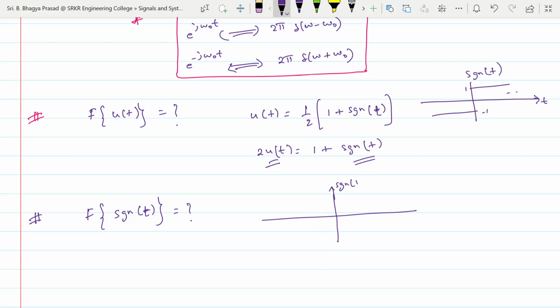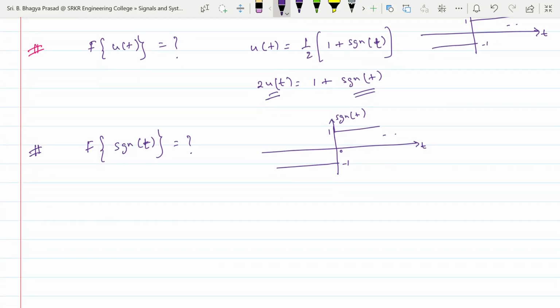The signal sgn(t) is like this, between −1 and 1 against t. I will compute the one-time derivative of the signum function, d/dt of sgn(t).